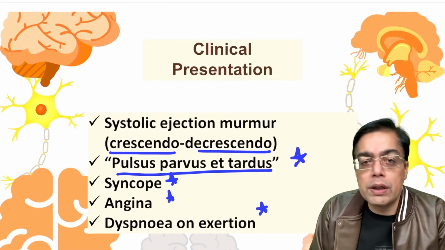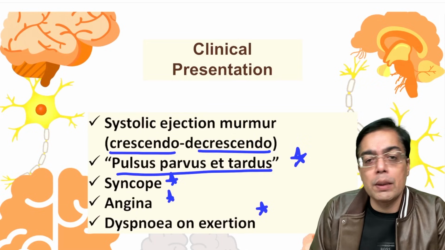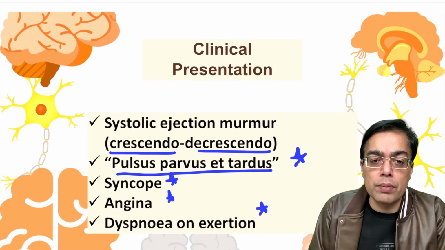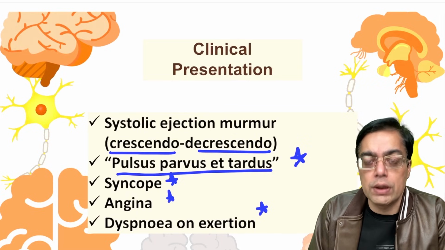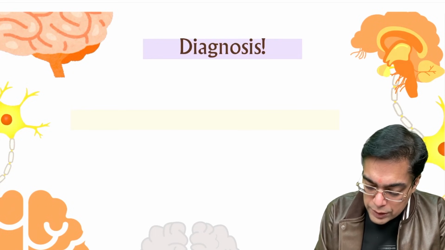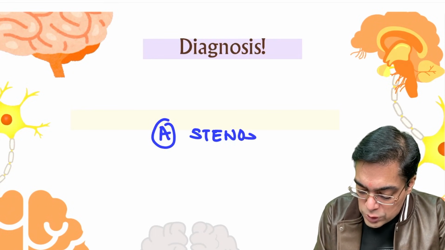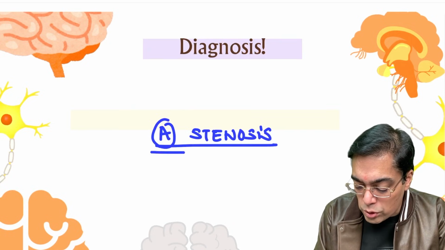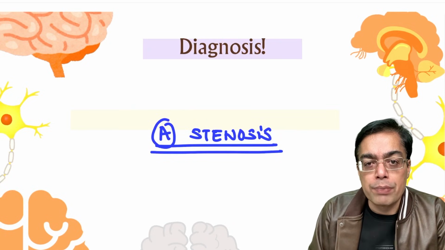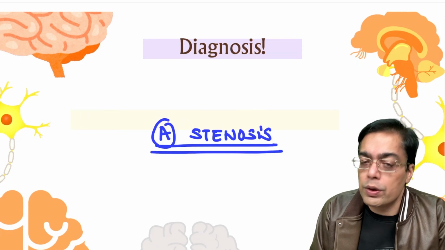Now, this kind of combination of syncope, angina, dyspnea on exertion, and the presence of a crescendo-decrescendo murmur, or the mention of the term pulsus parvus et tardus, is what is going to be associated with a valvular lesion. And what kind of valvular lesion are we thinking of over here, friends? We are definitely thinking of a patient who has aortic stenosis. So, this important fact is what you need to remember.